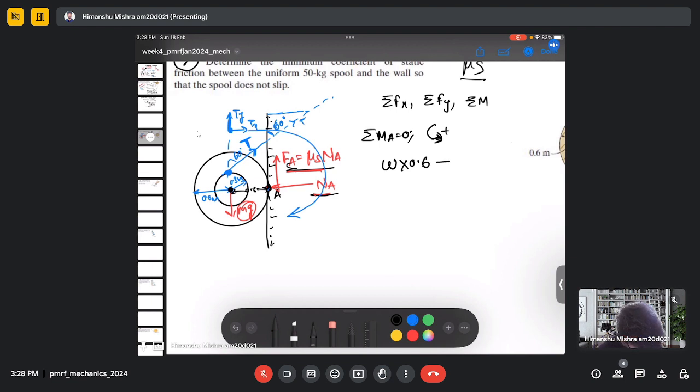So the horizontal component will be T sine 60 multiplied by 0.3, because here it is acting. This is the horizontal component Tx, which is 0.3 meter from point A. Then there will be a vertical component of tension Ty.